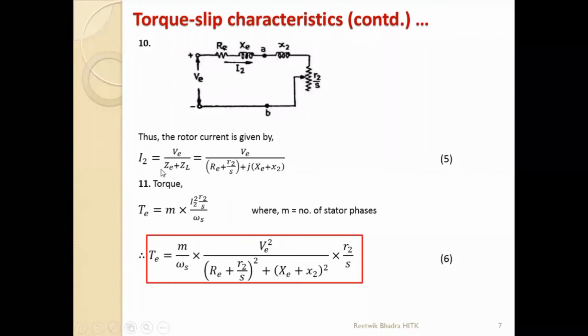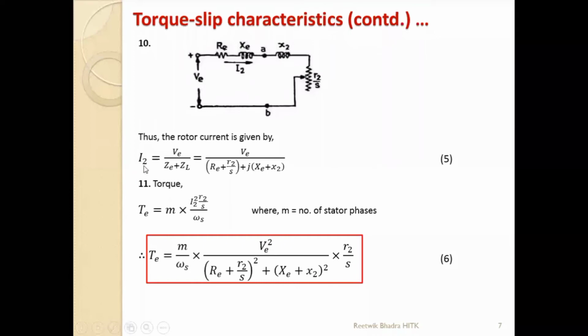VE by ZE plus ZL can be written as RE plus R2 by S, because these two are resistances, go by this figure. We are not writing the whole equation now; you can substitute it later. For now, RE plus R2 by S will be the real part, and imaginary part will be XE plus X2. So that is what I have written over here.